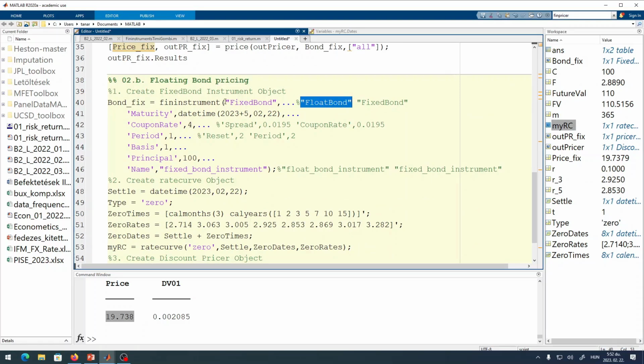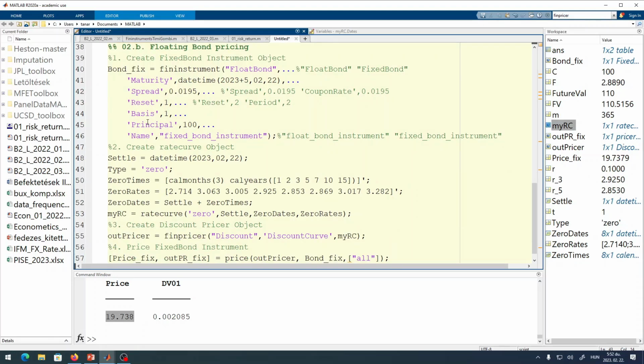And now we just have to overwrite. Float bond, date time remains. Instead of coupon rate, now we have a spread. Instead of period, now we have reset. Let's keep it still one, so once a year we are doing something, otherwise not. Principal same. Float bond instrument.